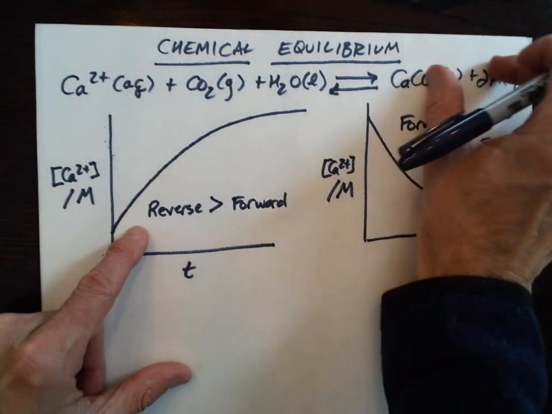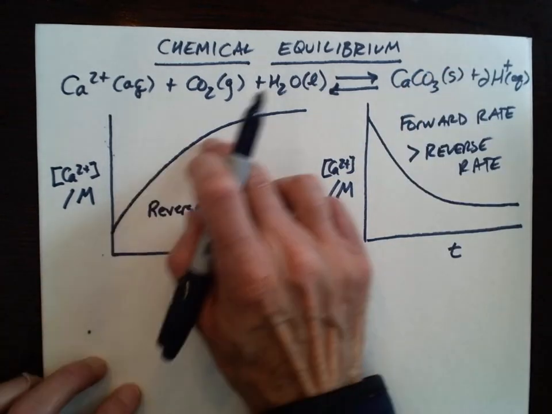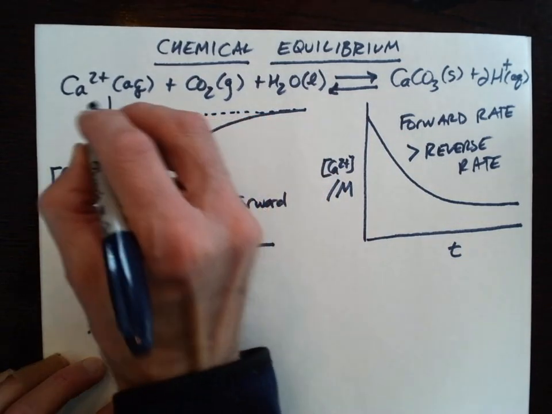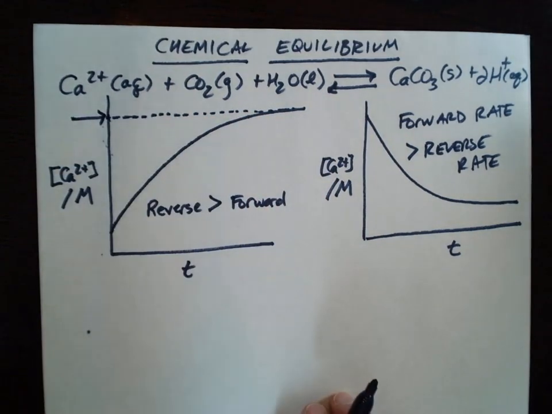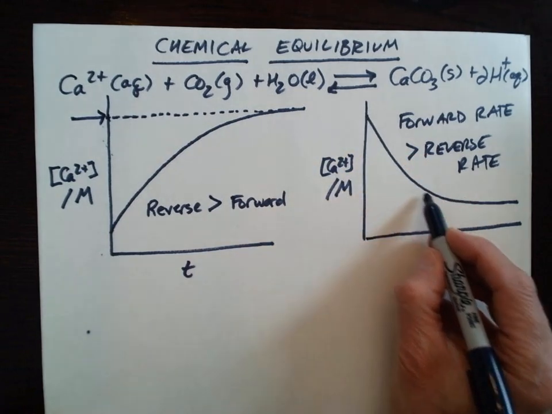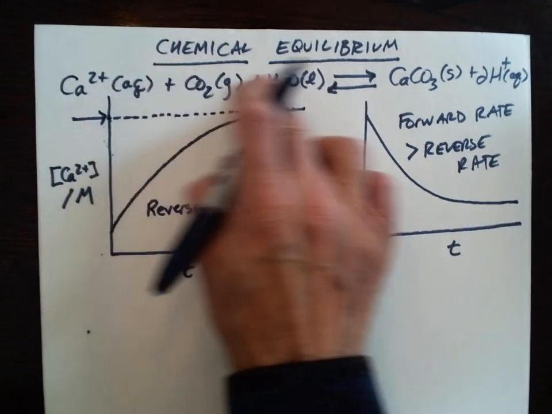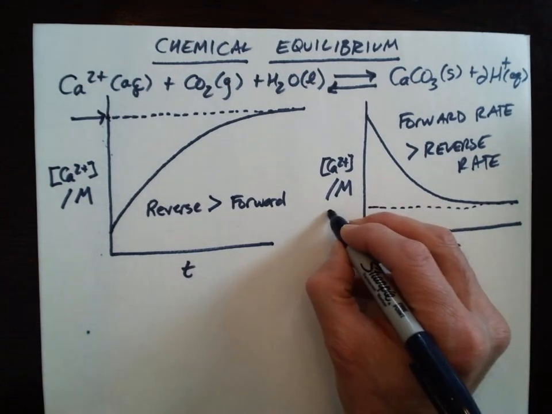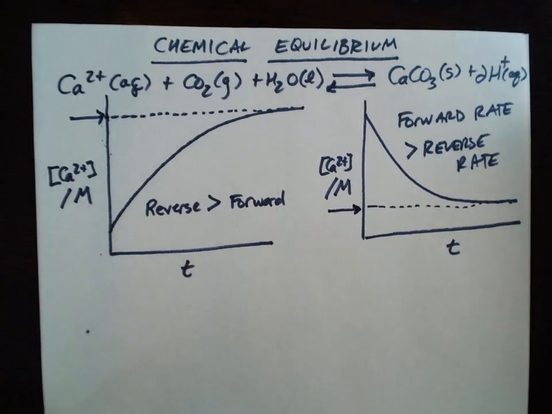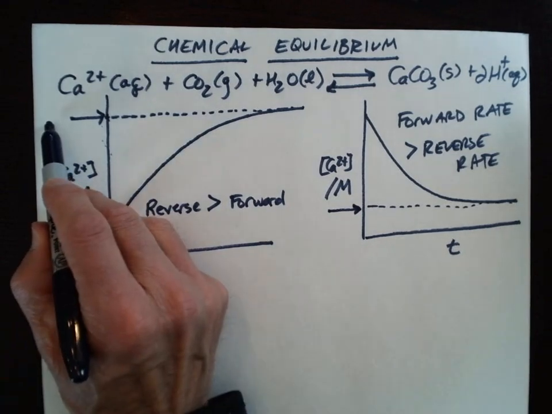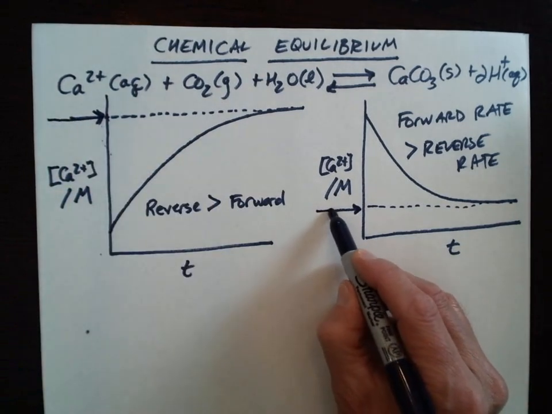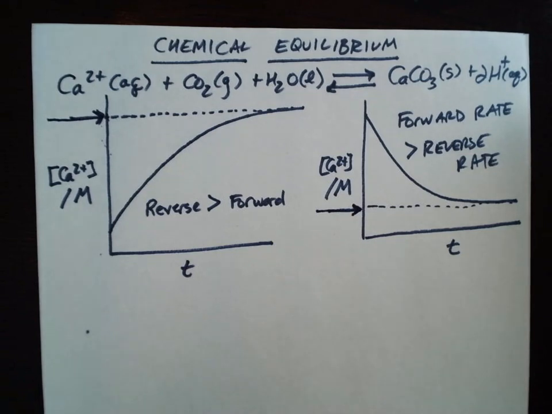And in this case, these reactants are being consumed, the reaction slows down and ultimately levels off at some particular calcium concentration, which would be here on this graph. In this case, the reaction slows down as these are consumed, and that levels off at some particular spot, and that would be this calcium concentration. And these would be what we call the equilibrium concentrations of calcium. In experiment 1, this would be your equilibrium calcium concentration. In experiment 2, this would be your equilibrium calcium concentration.